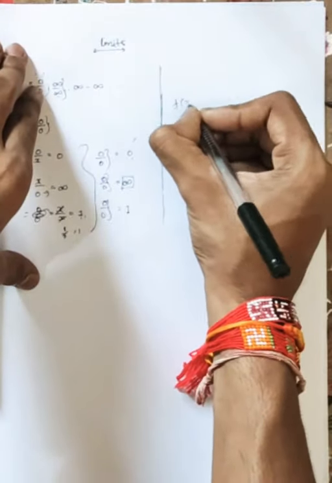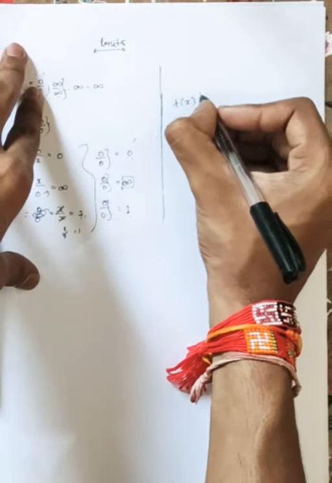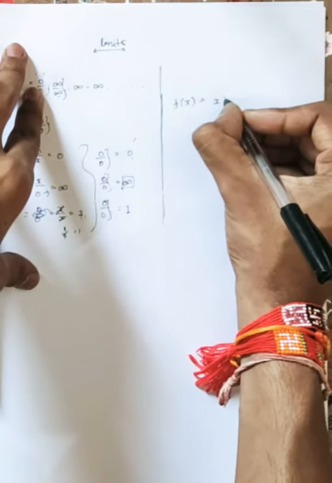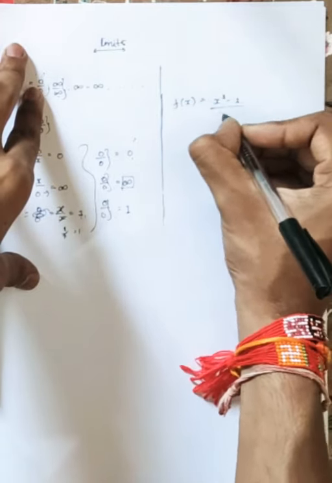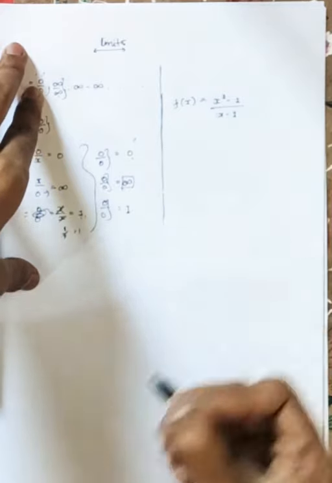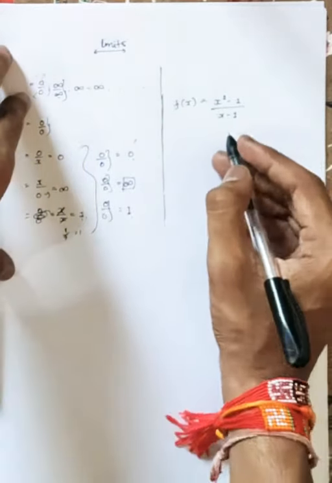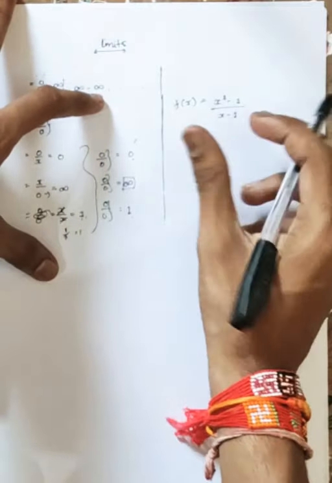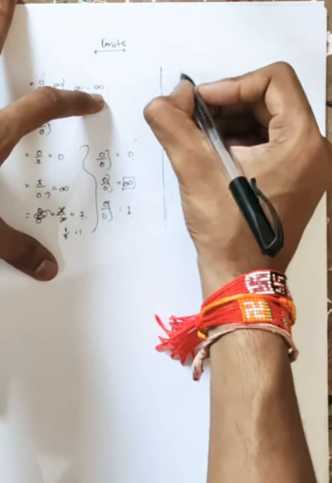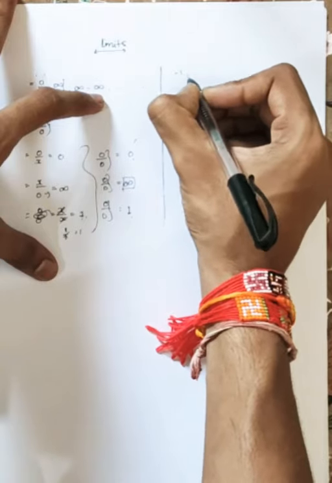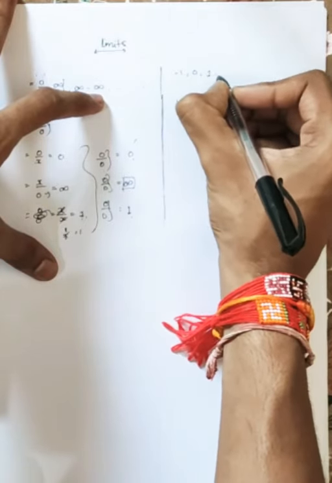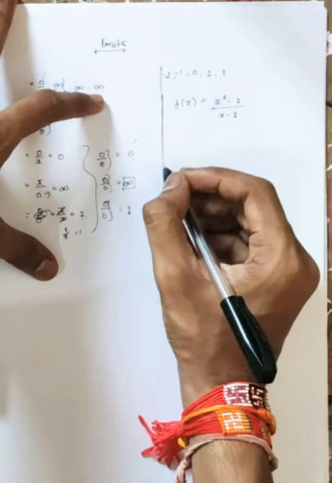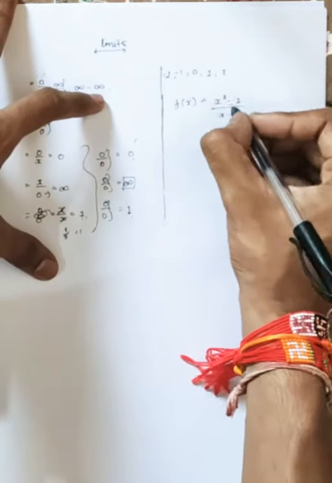See, let us take the function f of x equals x square minus 1 upon x minus 1. Now let us check this function for minus 1, for 0, for 1, for 2, and for minus 2 as well.